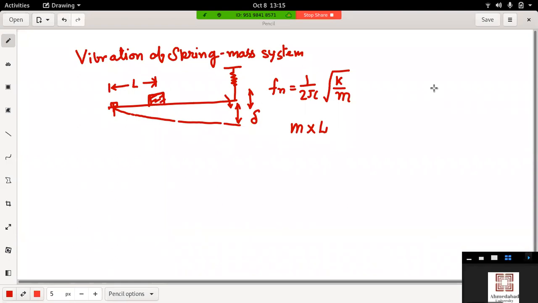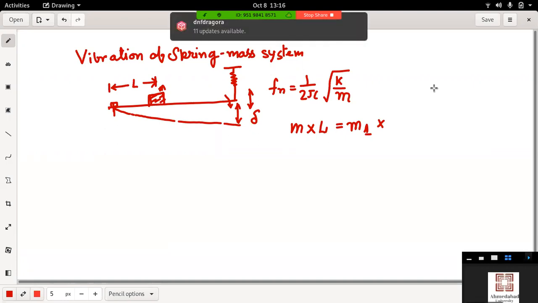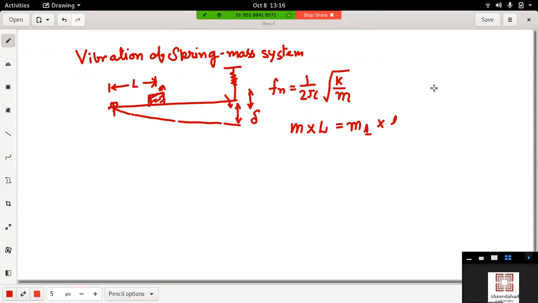M is the mass of the external load, and this external mass is creating one bending moment, that is M cross L. And due to this, there is an effective mass which is acting at the center of this beam; if the total length is L, then this is L by 2.